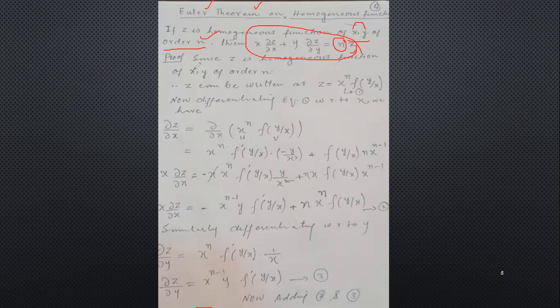Since z is a homogeneous function of x, y of order n, it can be written as z equals x power n into f of y divided by x.